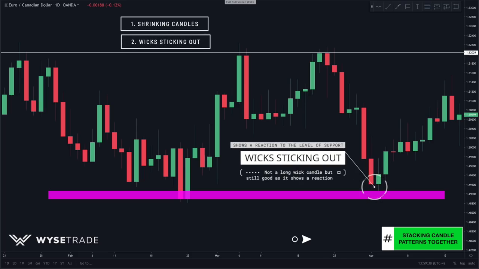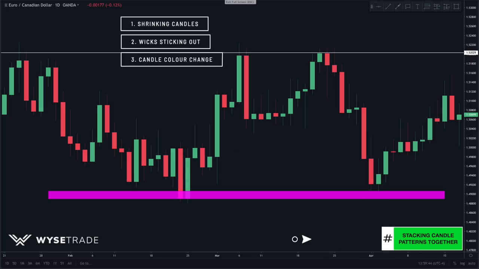Second, we had the wicks sticking out from both these candles, showing a reaction to this level. Third, we had a candle color change, as we had two red candles followed by a green candle, which shows momentum loss. Fourth, we had an inside bar, as this candle is smaller than the previous candle, which again shows momentum loss.